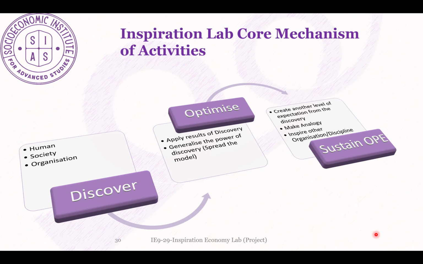We create another model, or we inspire another model, or we make an analogy for another problem that we can try to solve, or we inspire other organizations to start a project similar to the project we are doing, or we inspire another discipline. So again, discover, optimize, and sustain is a required mechanism so that we can have the Inspiration Lab surviving in a proper way.